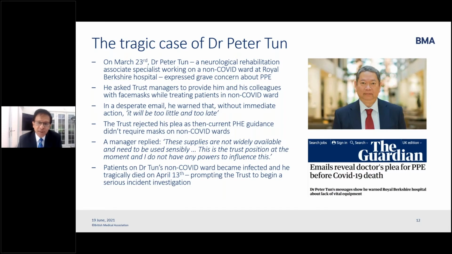I spoke to his son, and what was clear to me are the structural factors that do prevent ethnic minority doctors from challenging the issues around management within organizations such as the NHS. And I think it is an important learning point that highlights perhaps to some degree why we have seen increased numbers of ethnic minority doctors who have been affected by this virus and sadly died as a result.